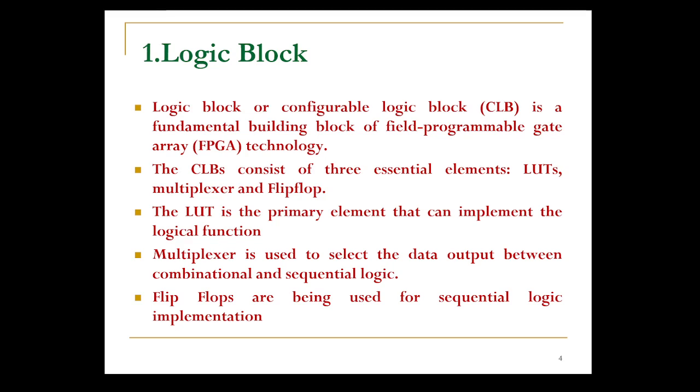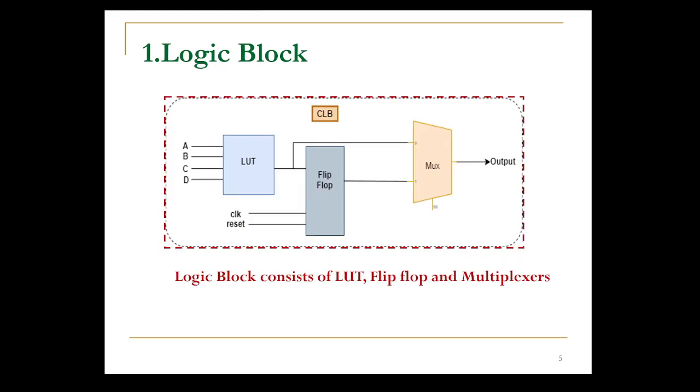LUT is an important element that can implement logical functions like a truth table. MUX is used to act as a data selector between combinational and sequential logic. Flip-flops are used for sequential logic implementation, where my output depends on the present input as well as the past input.